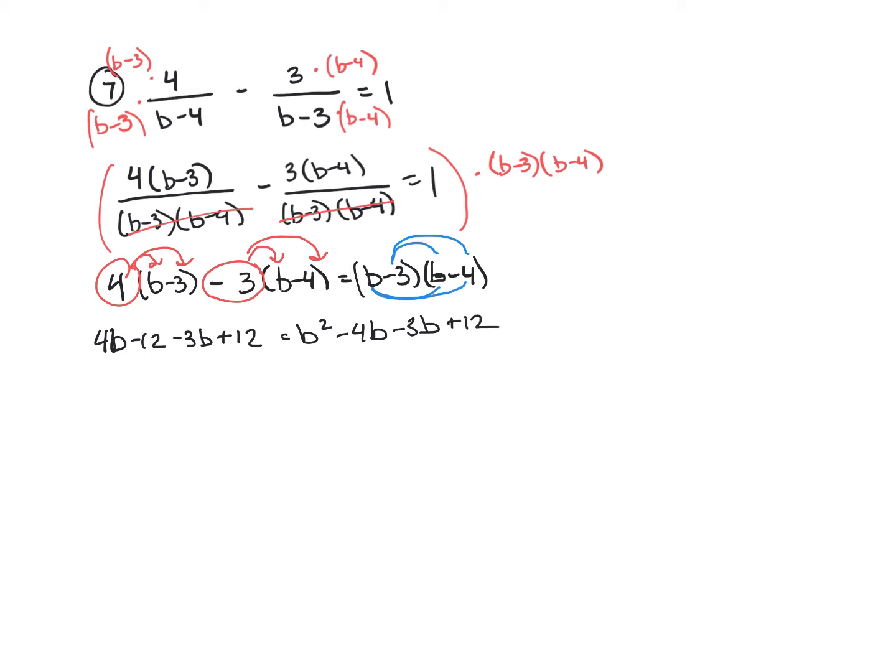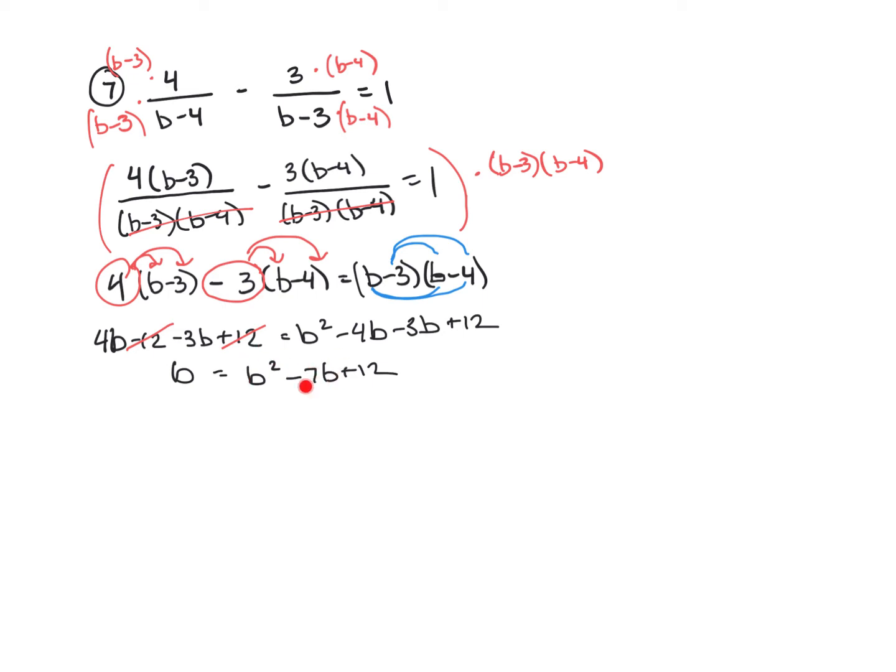So when I simplify both sides, on my left side we have a minus 12 and a plus 12, so those will cancel each other out. And then 4b minus 3b just leaves us with b. And on our right side, when we combine our like terms, we're going to end up with b squared minus 7b plus 12.